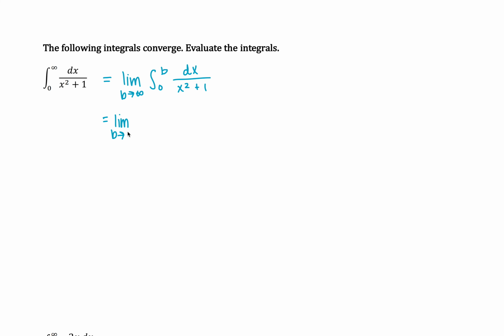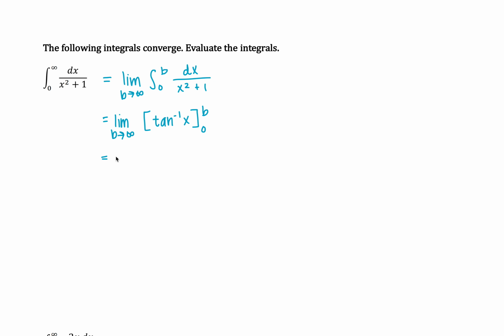So we're looking at the limit as b approaches infinity of inverse tangent of x, and again, we're going to evaluate that from x is 0 to x is b. Okay. And again, that was number 17 from the table.